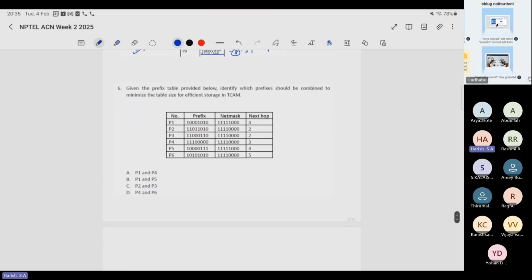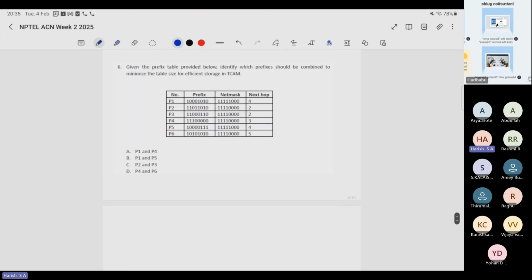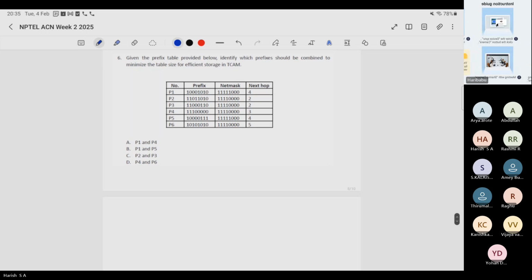If you remember the rules that were told, solve this question. I'll start solving in like 1 or 2 minutes.